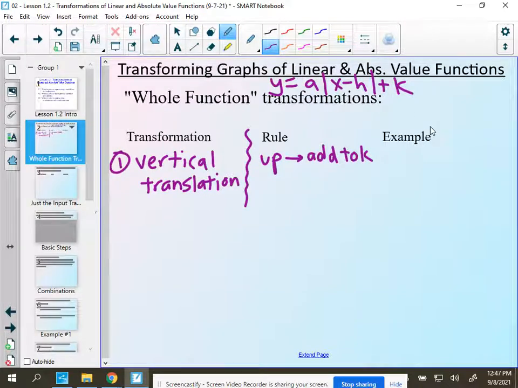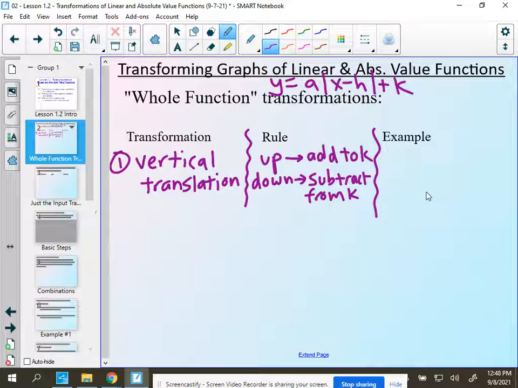Or if I want to translate down, we would subtract from k. So if you want to go up, add to k. You want to go down, subtract from k.